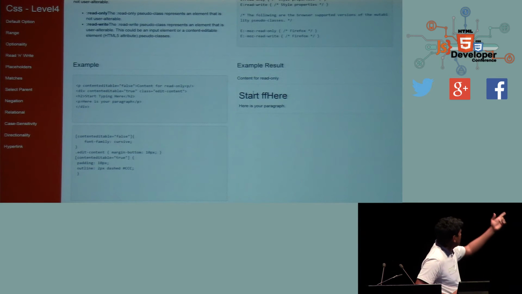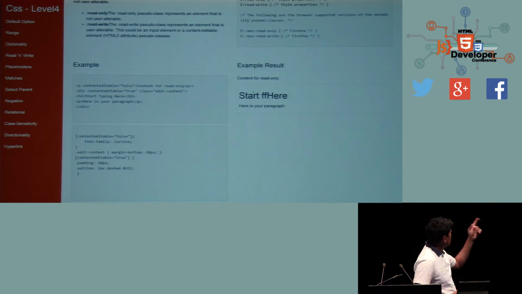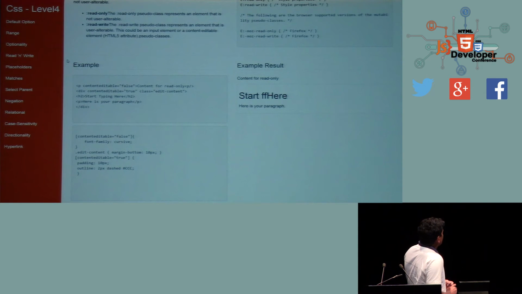I'm not sure if we can see that on the projector, but it's kind of dashed. So basically you can target elements that are editable and not editable with this kind of attribute-based selection that uses HTML5 attribute pseudo-classes.